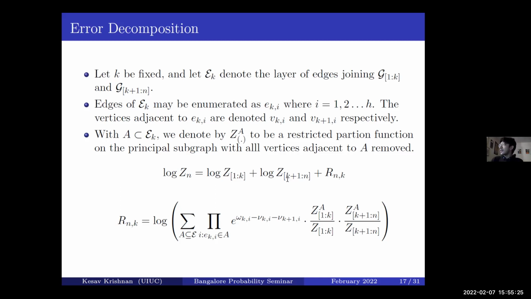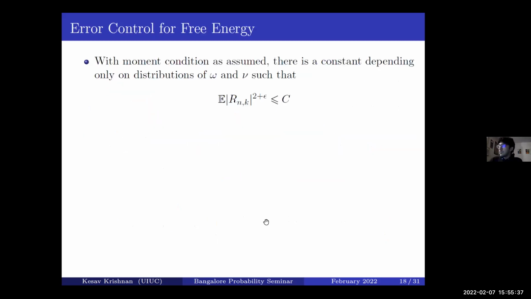And for a good moment condition on omegas and nus, you also get the same bounded moment for R_{N,K}. So based on the fact that you have a 2 plus epsilon moment for omega and nu, the 2 plus epsilonth moment of R_{N,K} is uniformly bounded above, independent of N and of K.